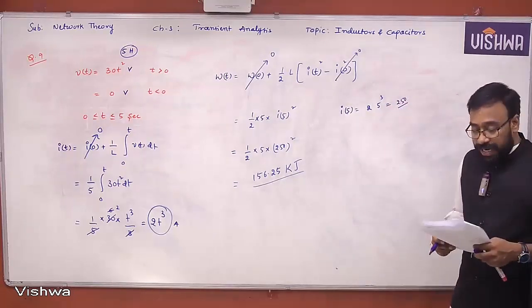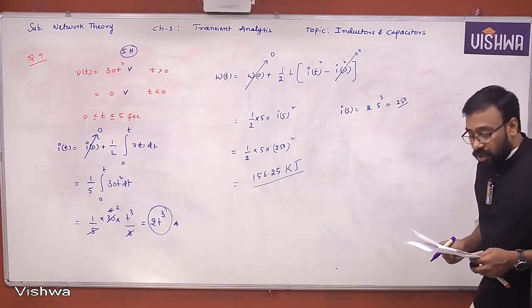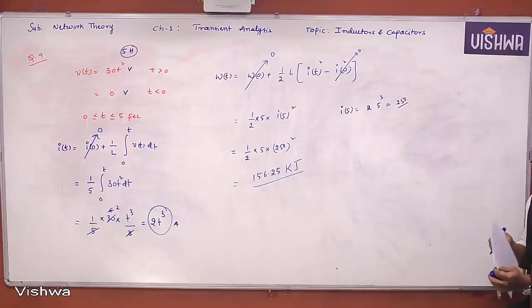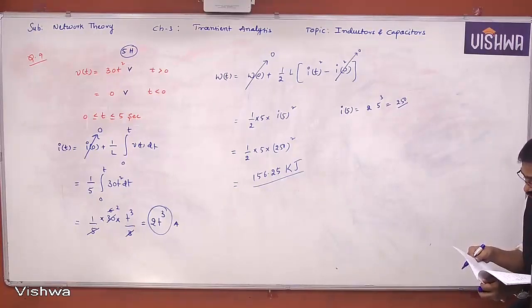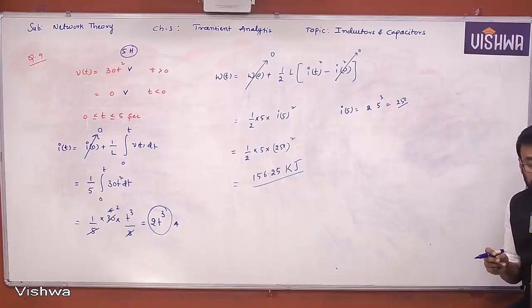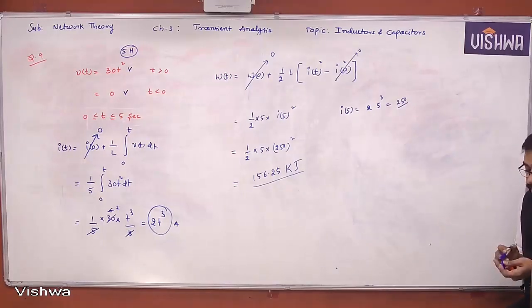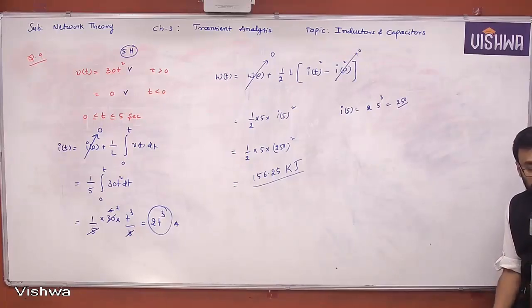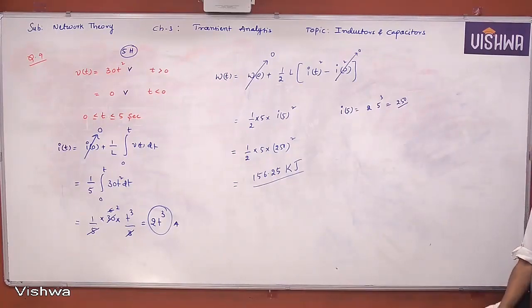Please note down that, all of you. 156.25 kilojoule. So this is how you can do these problems, very simple problems. We have so many, we'll discuss a few more on this.